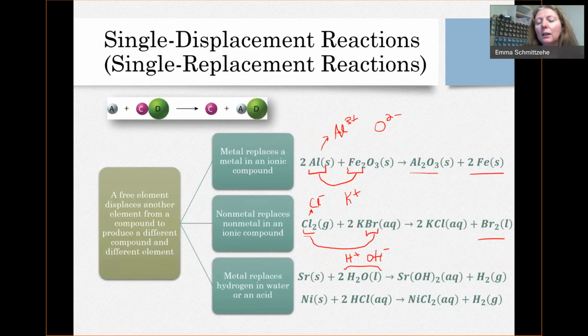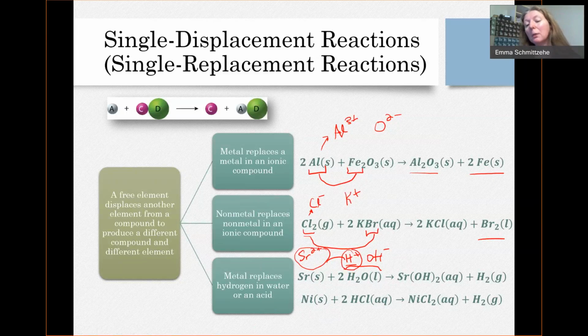Okay, and that should help you then realize, well, if I'm reacting it with a metal, so strontium's a metal, strontium will form an Sr2 plus, so a cation. That's going to want to swap out for the cation in the compound. And so the strontium kicks out the hydrogen and replaces it. And so the hydrogen, when it gets kicked out, becomes hydrogen gas because it becomes neutral.